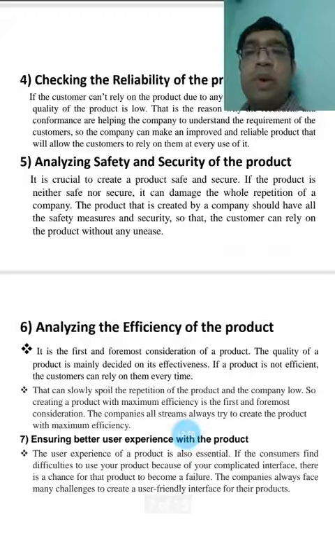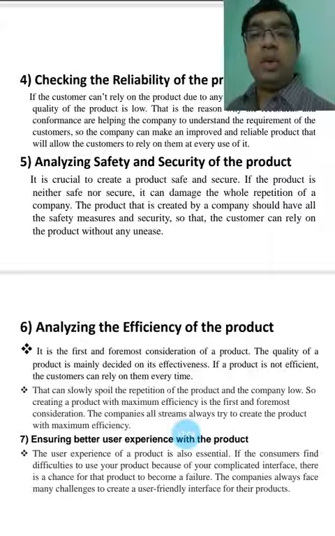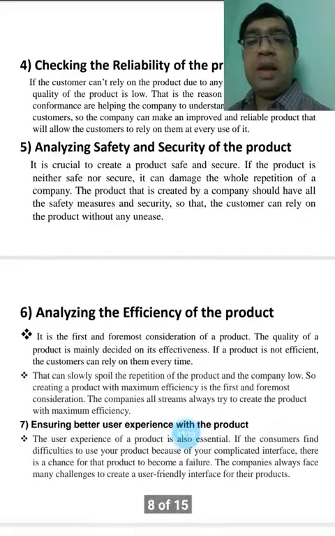In between, so many hands change the product before it reaches the customer, and for this reason your product is required to be fully safe and secure. If the product is neither safe nor secure, it can damage the whole reputation of the company. That means the whole reputation will be destroyed due to a lack of safety and security. For this, safety and security are very much essential.